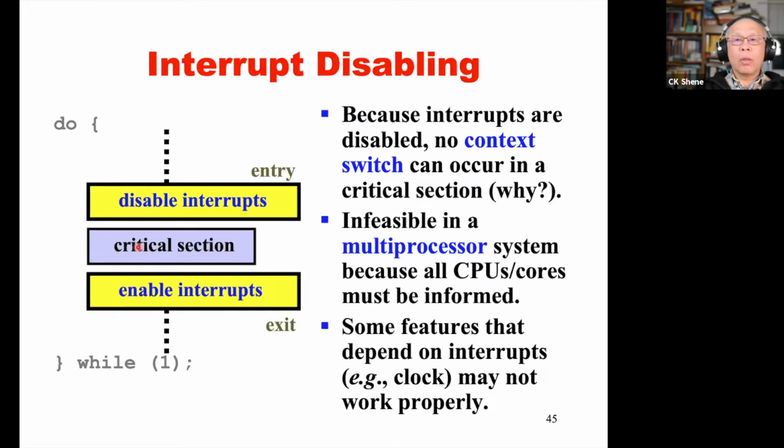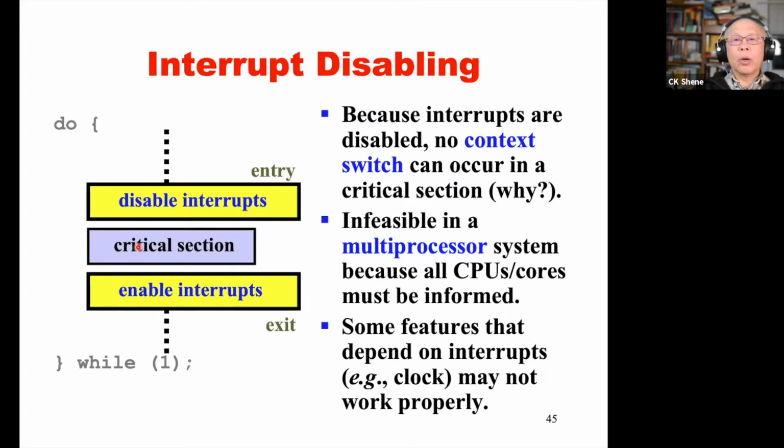How an interrupt that occurred after disabling all interrupts will be handled is probably CPU specific. You probably will learn it in computer architecture or computer organization. But this is unimportant to our course. What you need to remember is, after all interrupts are disabled, what would happen?